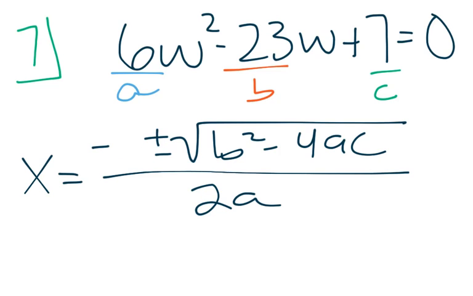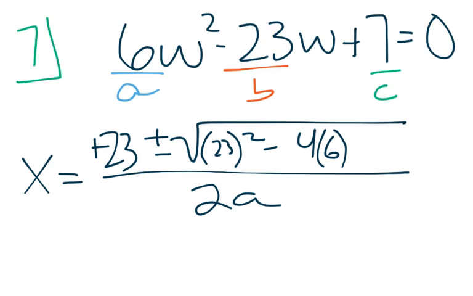Since b is negative 23, the opposite of that is positive 23, and so 23 goes in place of the b. Instead of this a, we are going to put 6. Instead of this c, we are going to put 7. And instead of this a down here, we are going to replace that with a 6.